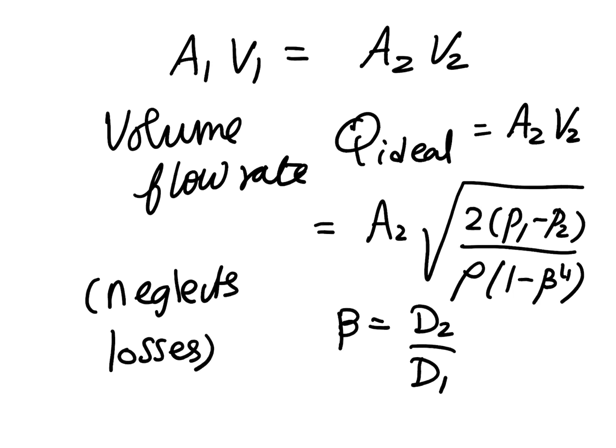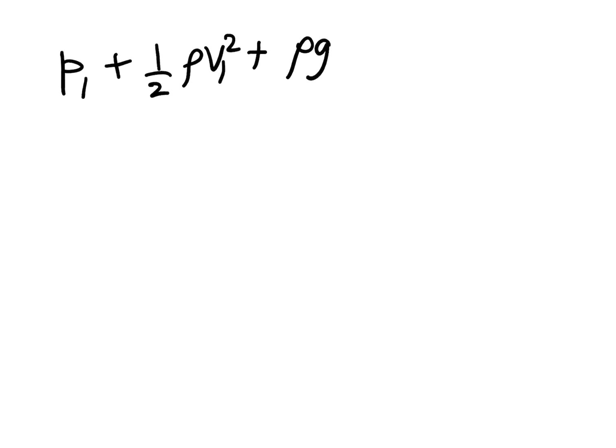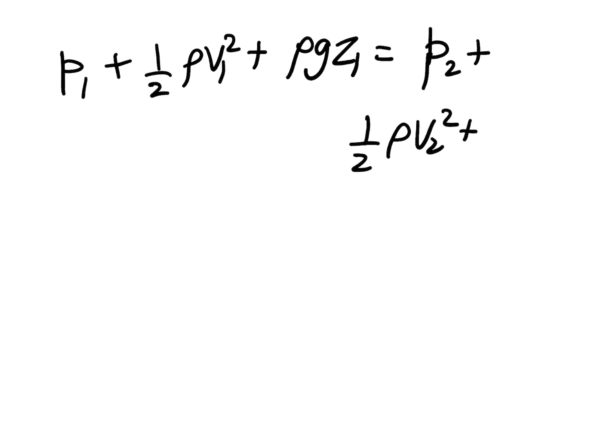This is the ideal flow rate that neglects any viscous losses or pressure losses. But a realistic flow is one in which P1 plus half rho V1 squared plus rho g z1 equals P2 plus half rho V2 squared plus rho g z2 plus the total losses, which are rho g h_L.